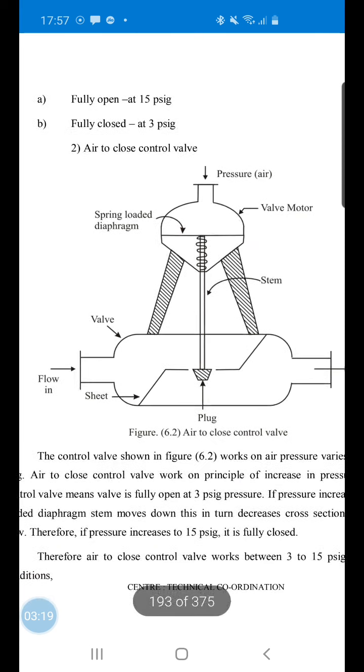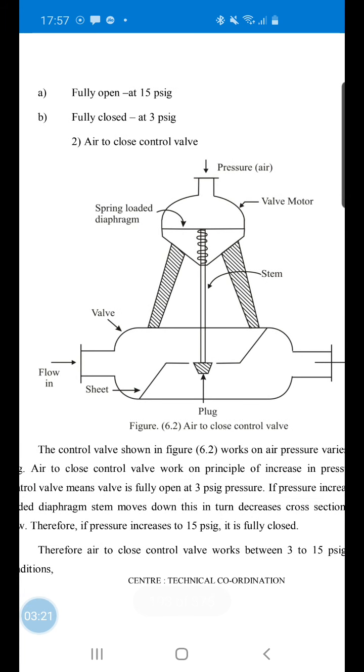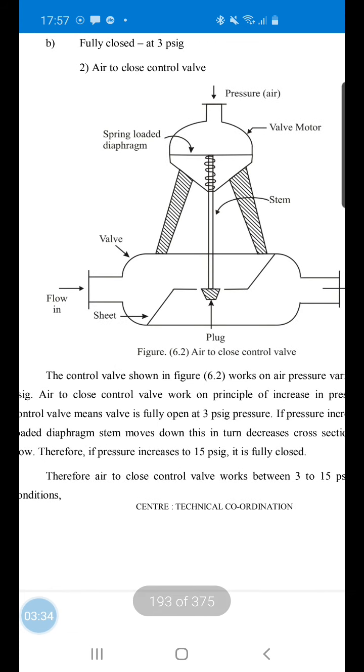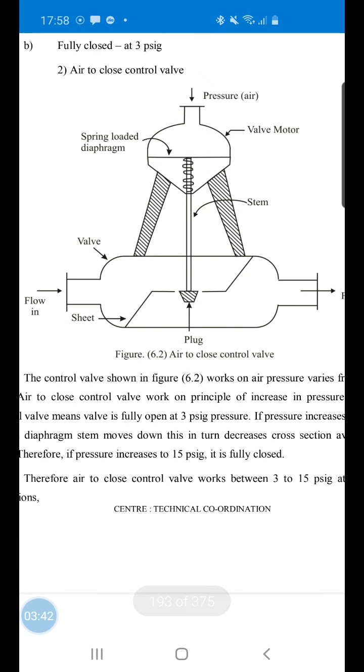So as pressure increases, less cross section is available for the flow. As you go on increasing the pressure, a very small cross section is available for the flow. It means that if the pressure increases, the flow through the control valve decreases. This type of valve is called air to close control valve.